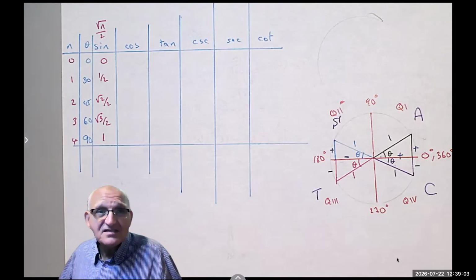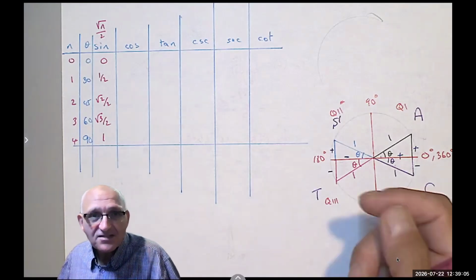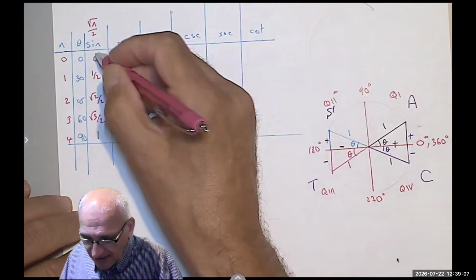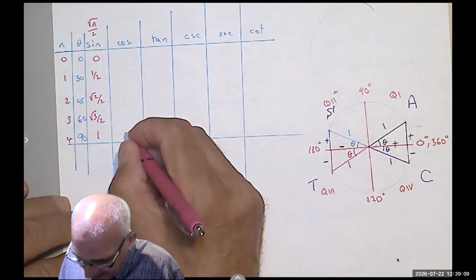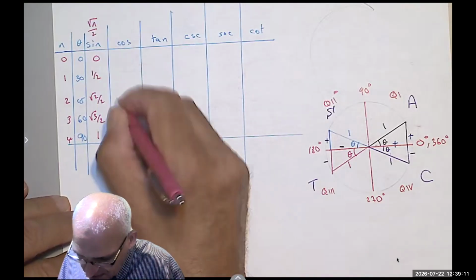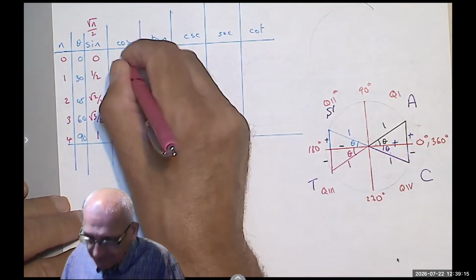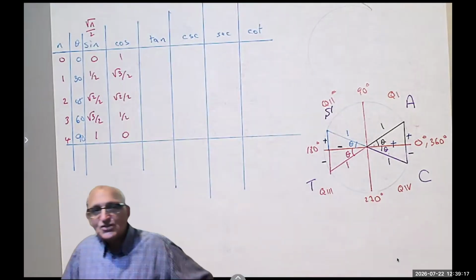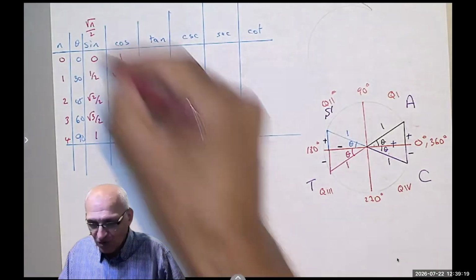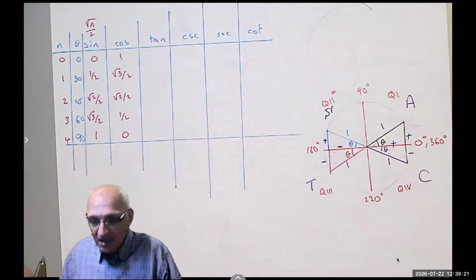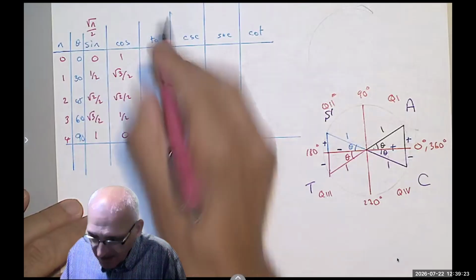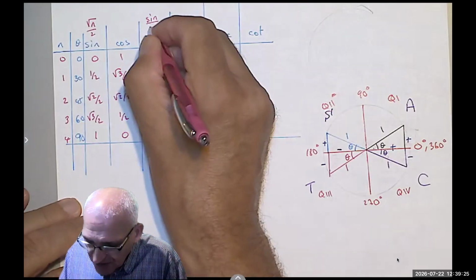And once you find the sine, the rest is history. Why? Because cosine, I'm going to write them exactly the same, but backwards. So really, you don't need to memorize. If you know the sine, then you divide sine over cosine, right?